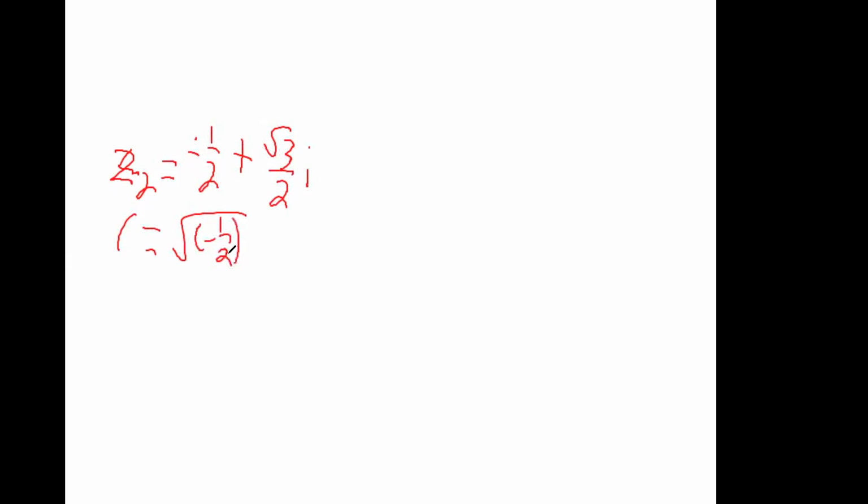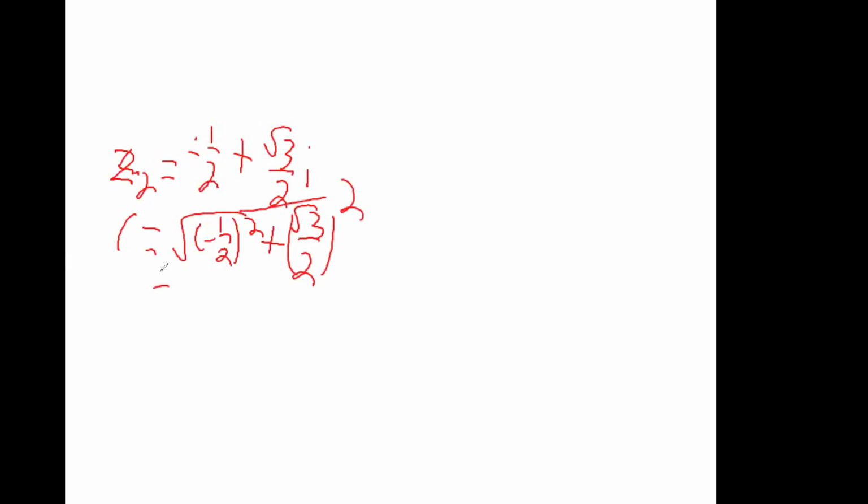Okay. And then for B, we have to convert Z2, which is equal to -1/2 plus √3 over 2 i, and we are converting this to polar form. The r value is equal to the square root of (-1/2) squared plus (√3 over 2) squared.